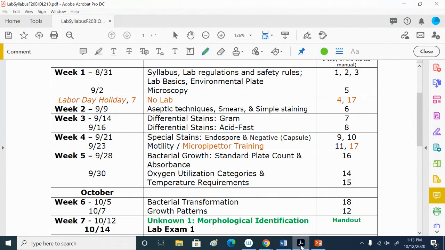Is it disinfect the table? You have to disinfect the tabletops, and what else? What else do you do? Wash your hands? Yep, wash your hands. So right before you start lab, you disinfect the tabletops, wash your hands. And before you leave the lab, you disinfect the tabletops and wash your hands, right?